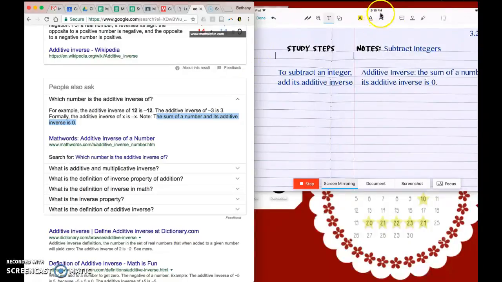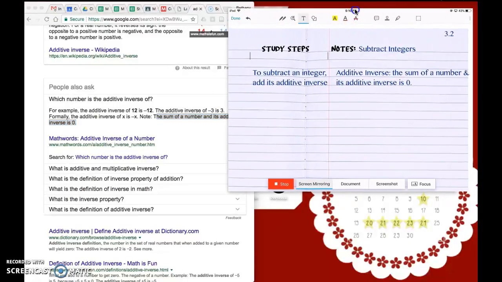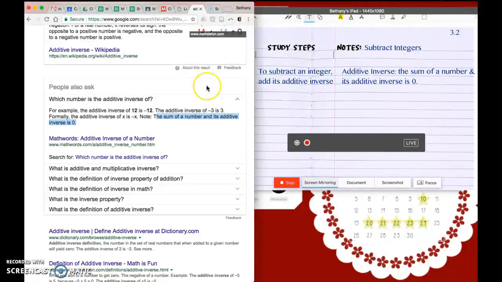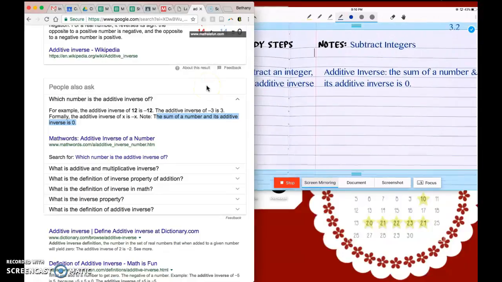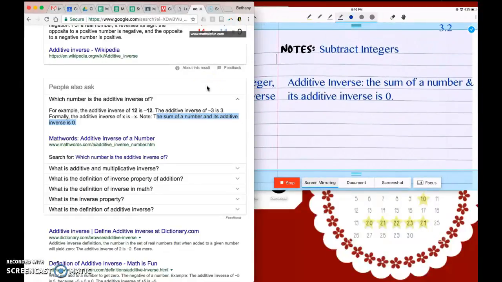And I think it would be helpful if we added a couple examples on that. So we have the example for the additive inverse of -3. We have the number, which is -3, and the additive inverse is 3.